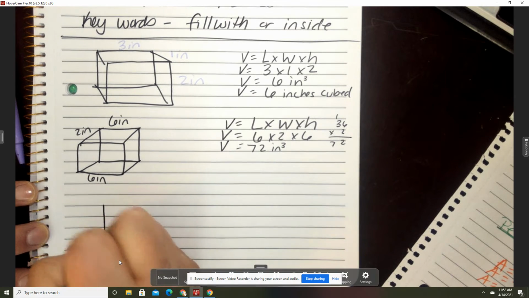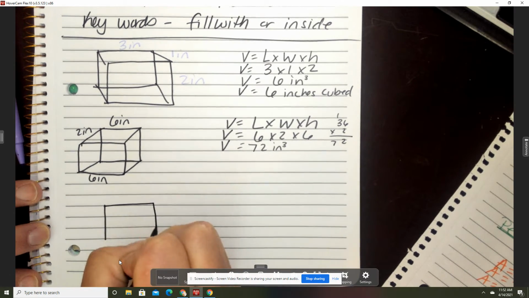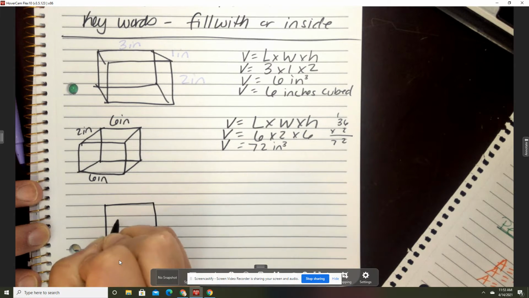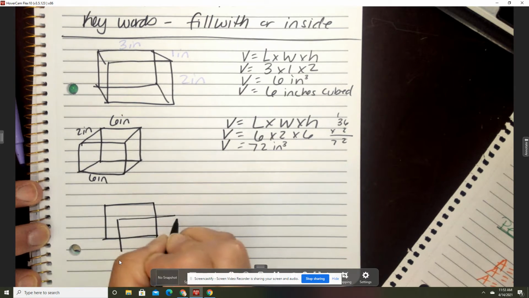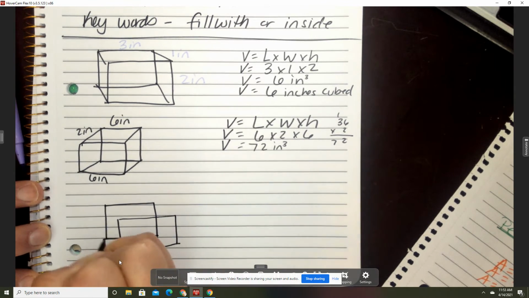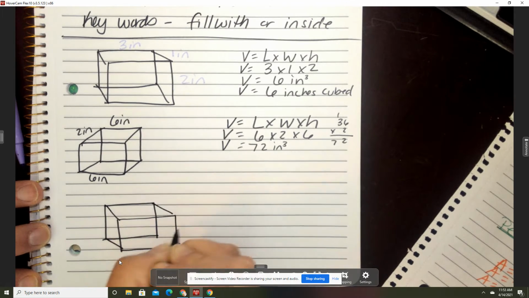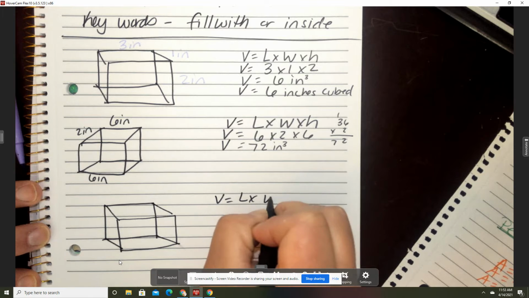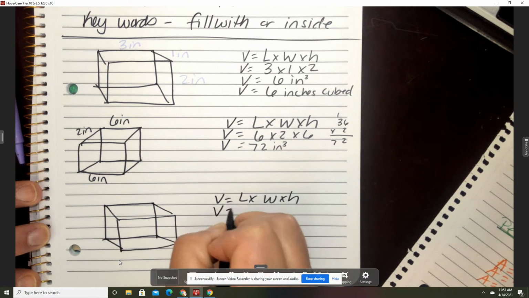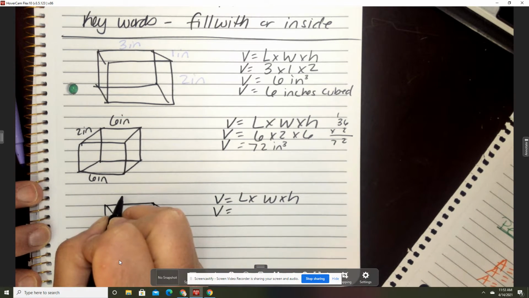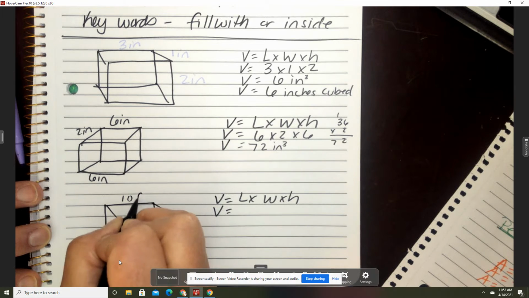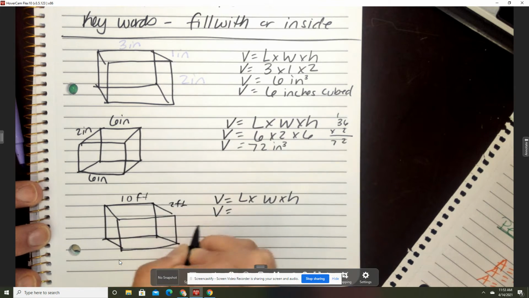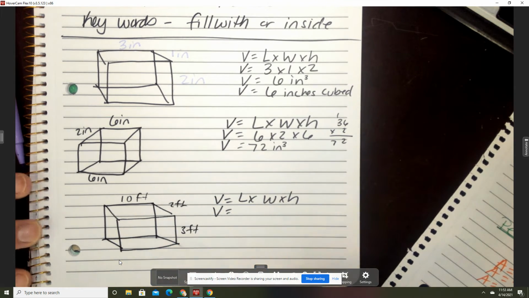All right. Let's see, you can do one more. So basically, guys, with volume, you are just multiplying the length times width times height, okay? So let's say 10 feet by 2 feet by 3 feet.